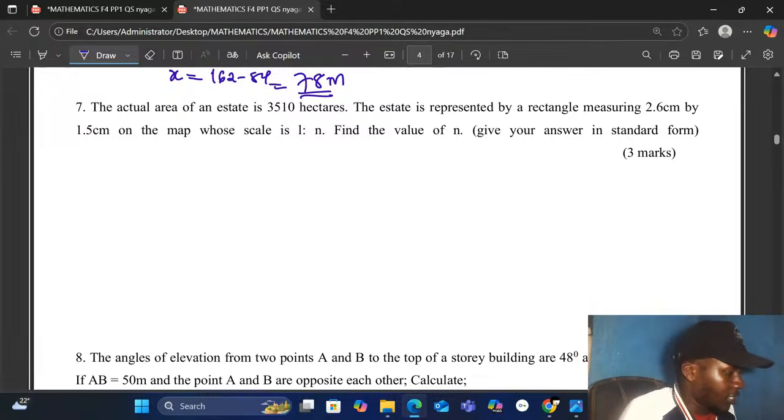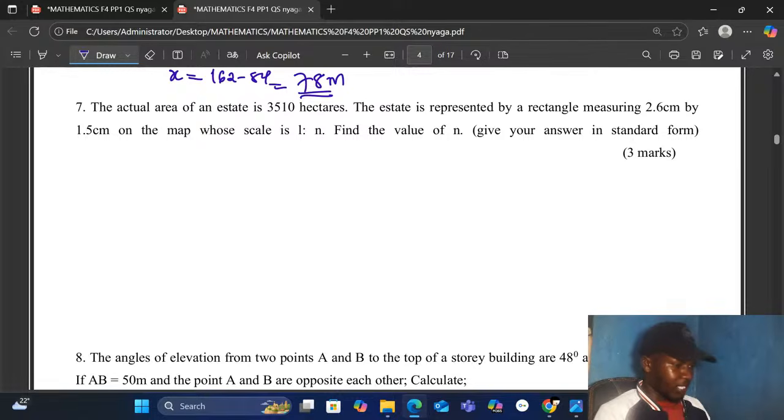The estate is represented by a rectangle measuring 2.6 centimeters by 1.5 centimeters on the map, whose scale is ratio 1 to n. Find the value of n. Then you give your answer in standard form.